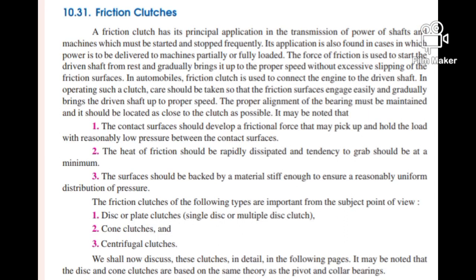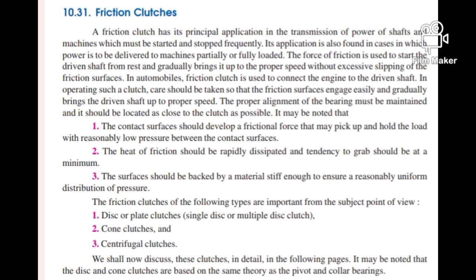Next, we are going to discuss friction clutch. Normally, clutch is used in automobiles. The friction clutch is used to connect the engine to the driven shaft. In operating a clutch, care should be taken so that the friction surfaces engage easily and gradually bring the driven shaft up to proper speed.